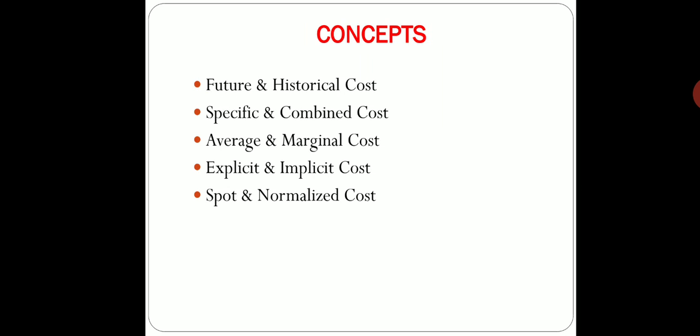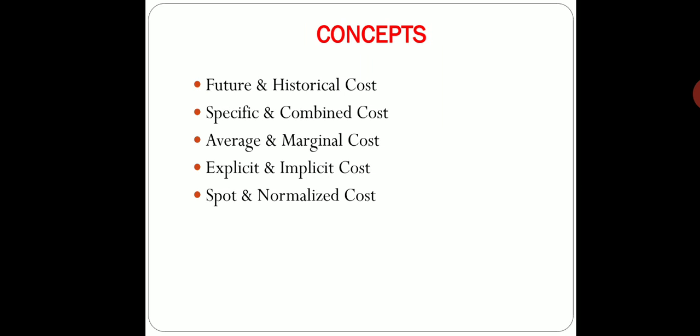Then, average and marginal. Yes, we already know that when the average is calculated, the total cost is divided by the total number of inputs or outputs. That cost is known as average cost. And the next one is marginal cost.